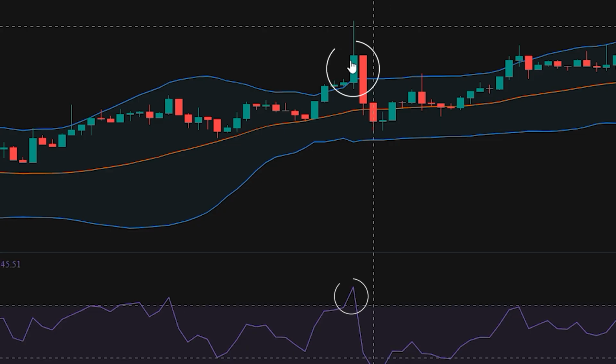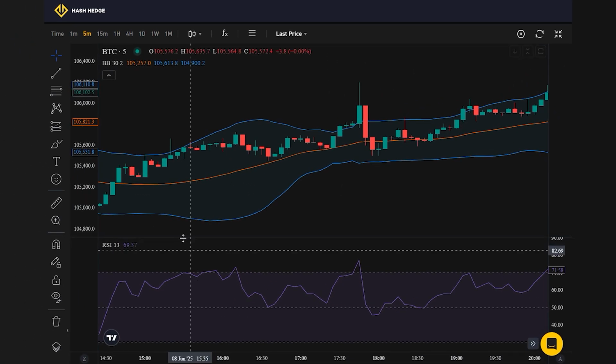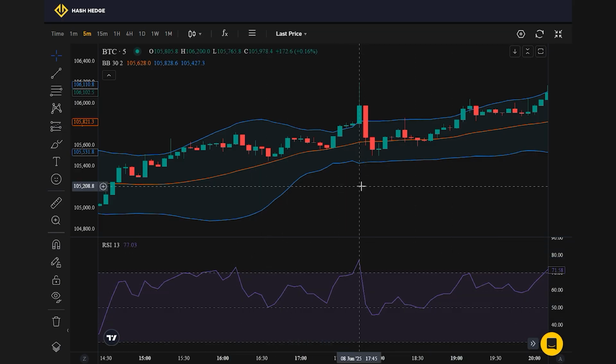An important point is that the strategy performs quite poorly in trend movements, when we have a sharply rising trend or a sharply falling trend. In this case, the chart will be either overbought or oversold for a long time, and there will be a lot of inaccurate signals.